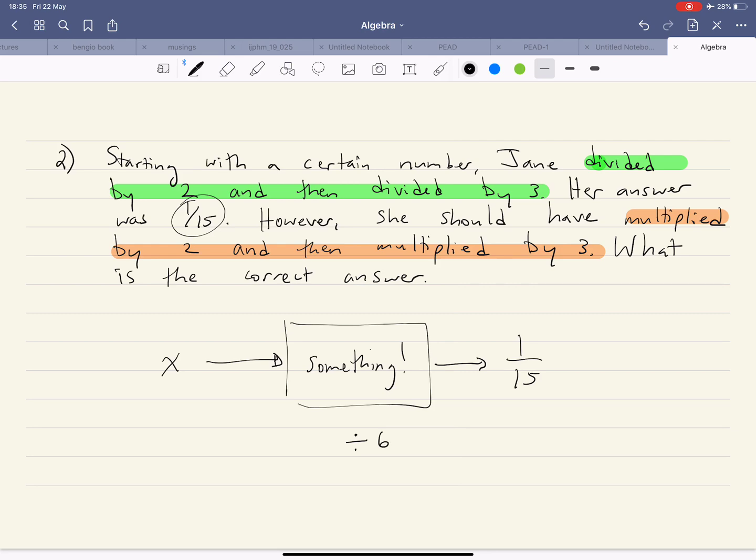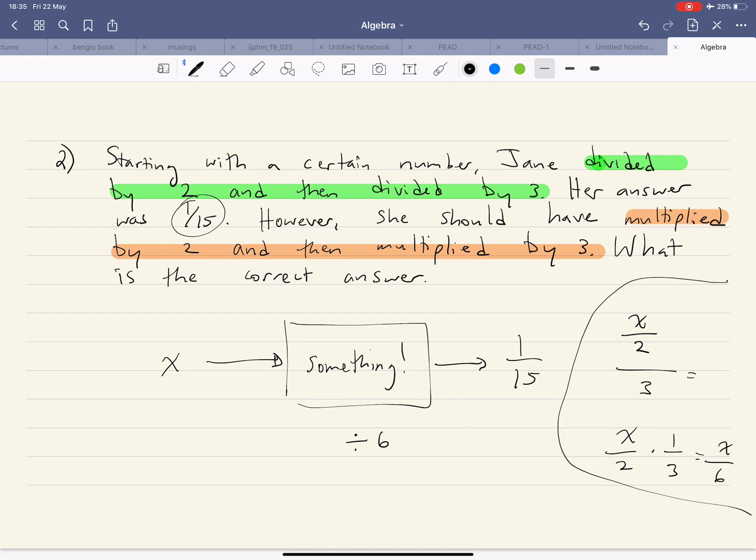Because x over 2 divided by 3 is really x over 2 times 1 over 3, which is x over 6. Okay, so that's a little side note there.